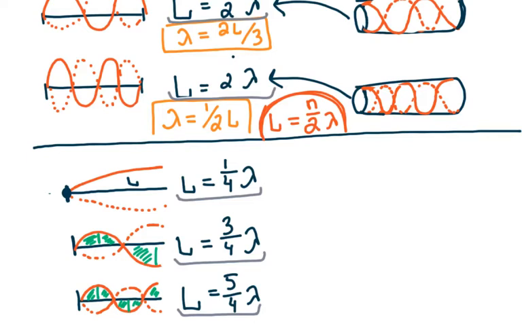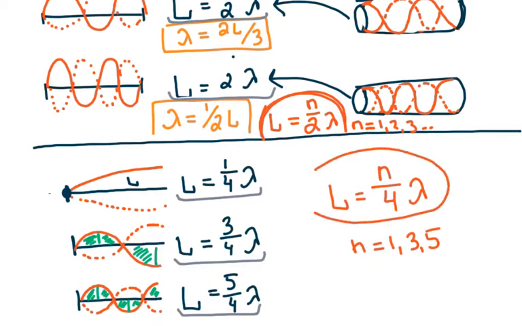But for this one, I see my L is equal to n/4 lambda, and it's good to know that n in this case is equal to 1, 3, 5. So the generic formula for one side closed, one side open, not the same, is odd ones.